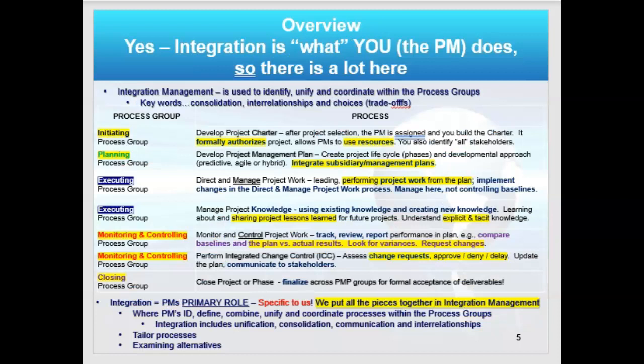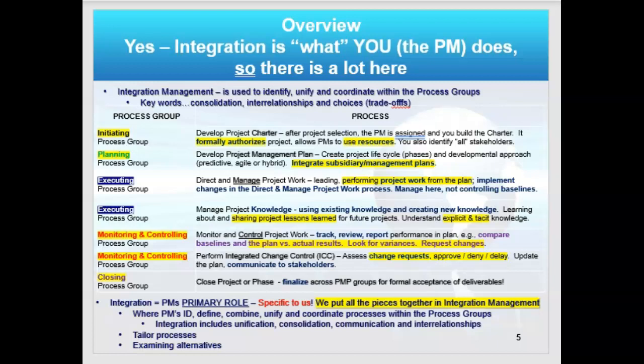Now, this is an overview slide, and I know the yellow might seem like a lot, but it's meant to focus you in. So down the left, we have our process groups: initiating, planning, executing, controlling, and closing. I've said before, I often abbreviate monitoring and controlling, which is the official term, to just controlling.